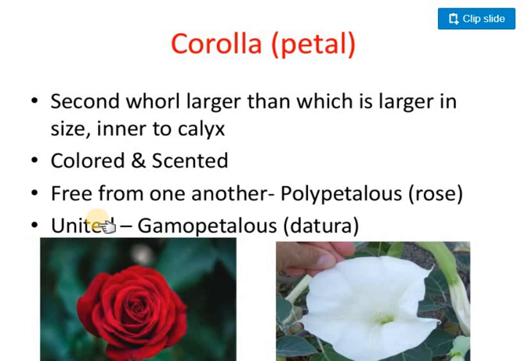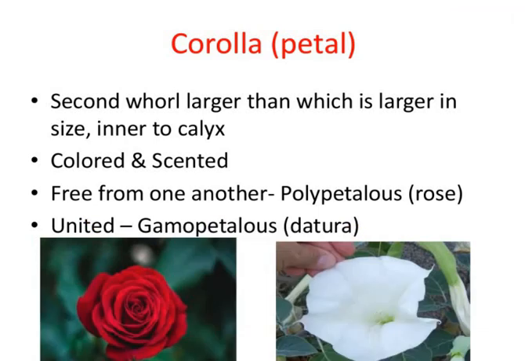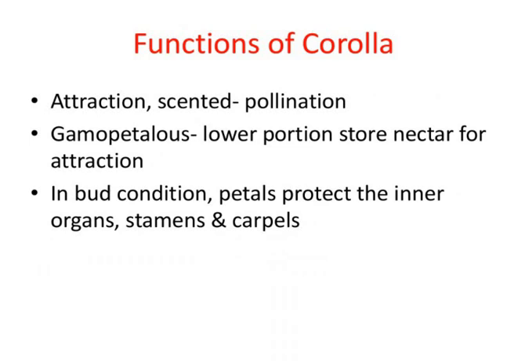They are colored, and they will have a good scent. When there are many petals that are free, it is called polypetalous. And when the petals are fused, they are called gamopetalous.